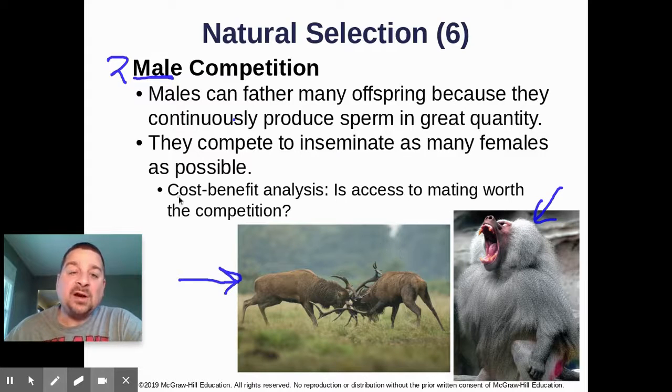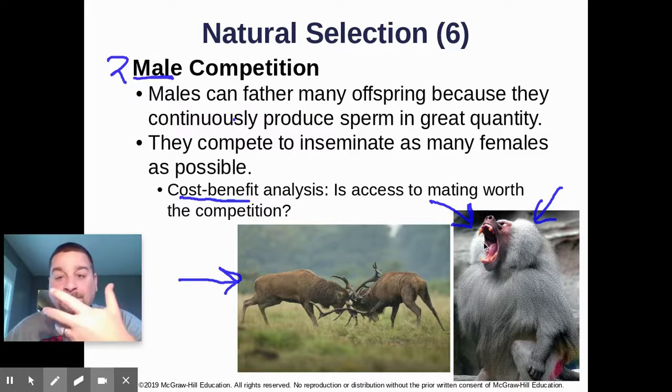But there's a cost benefit analysis. To get bigger and bigger horns takes more energy, and it's harder to get around, to fight to be that dominant male. And then once you get to be that dominant male, it takes a lot of energy to defend your position.